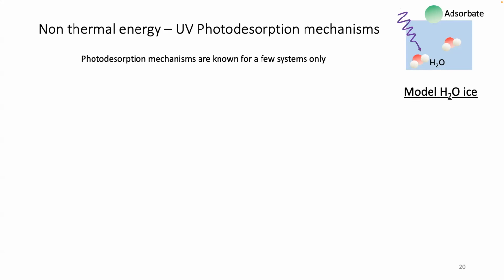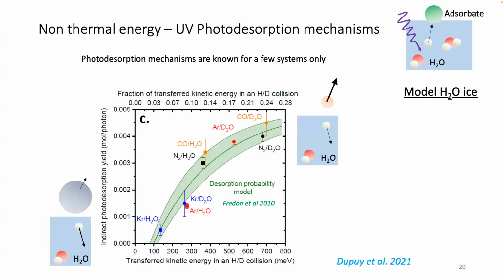And with UV photons, the hydrogen atom dissociates from the water molecule, and it's like a small bullet. It just goes away up to the surface. And then if it encounters an adsorbate, it can kick out the adsorbate, and you have the desorption of this adsorbate.